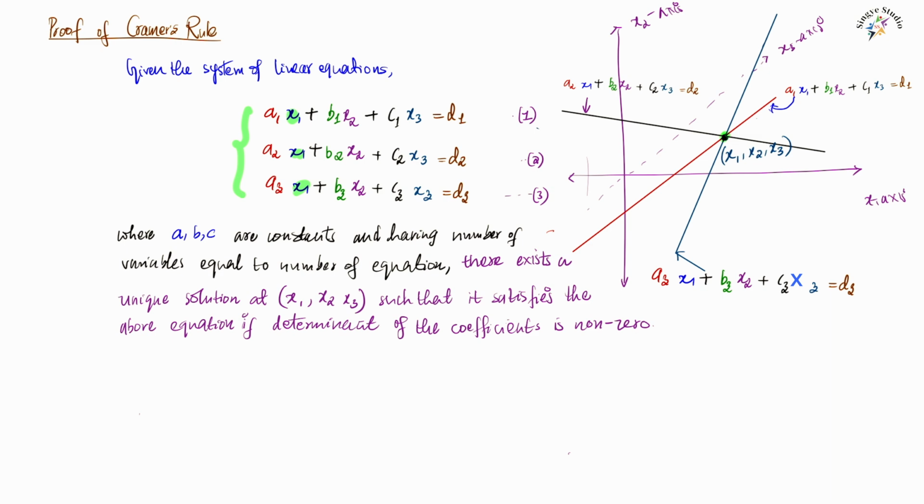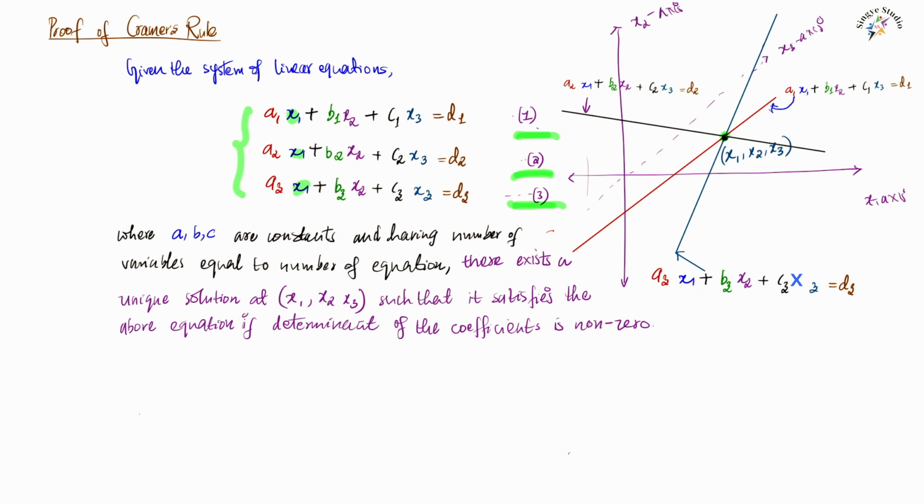If we solve this for the values of x1, x2 and x3, each equation will be satisfied, which means that by substituting the values of x1, x2 and x3, it will be equal to d1, d2 and d3, okay? So this is the analytical explanation of solving a system of linear equations.